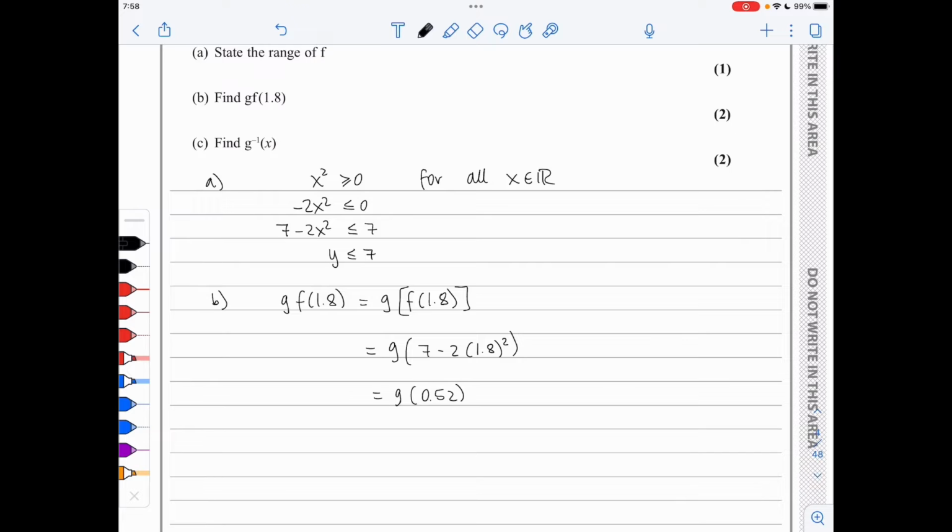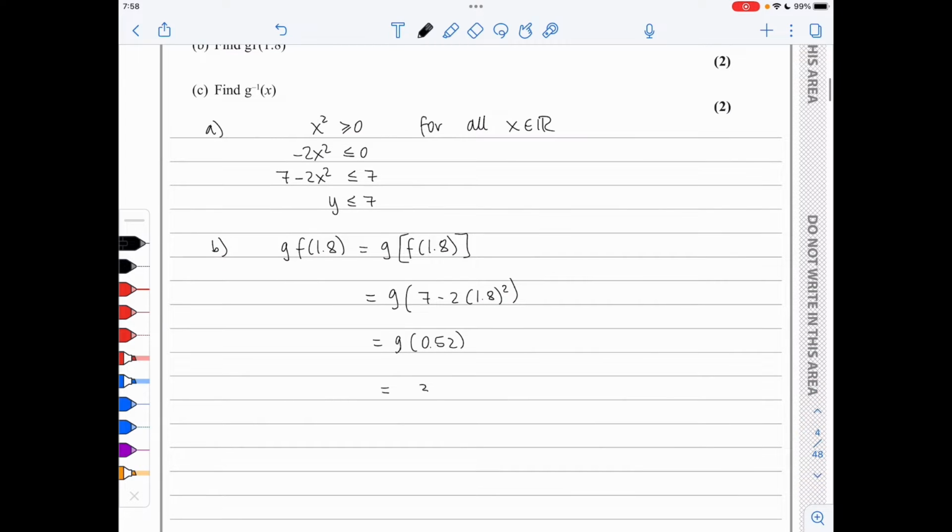And then I will input 0.52 into g. So this is 3 times 0.52 over 5 times 0.52 minus 1, which gives an answer of 0.975.